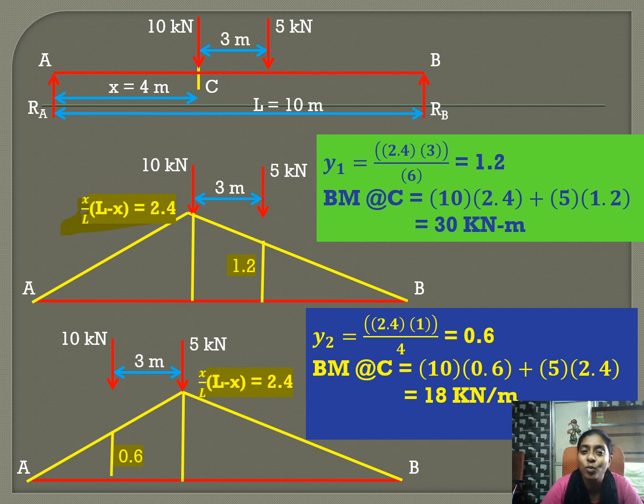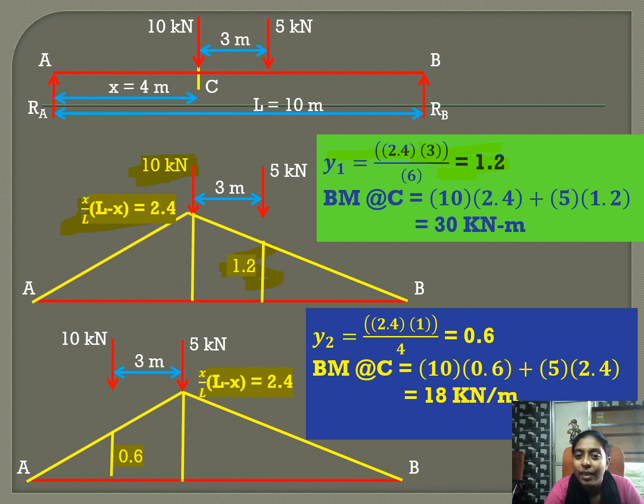We will take case 1. We will place this 10 kilonewton load at the section. By using the similar triangle principle, we find the ordinate under the 5 kilonewton load, that is 1.2.